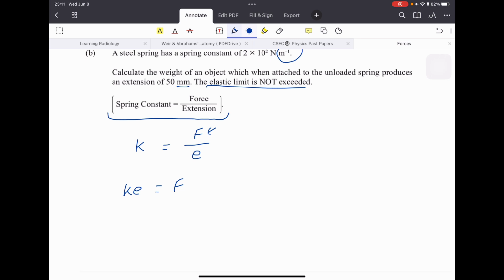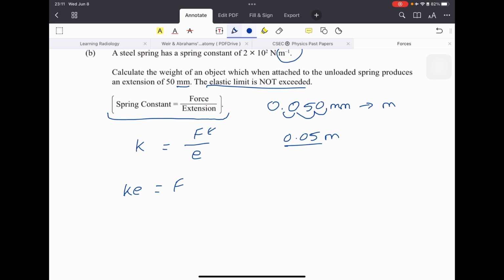Right, so now you have to change the 50 millimeters to meters. Okay, now a millimeter is 1,000. Sorry, a meter is 1,000 millimeters, right? So in order to change that, we need to divide by 1,000. So we will get 0.05 meters is 50 millimeters, right?